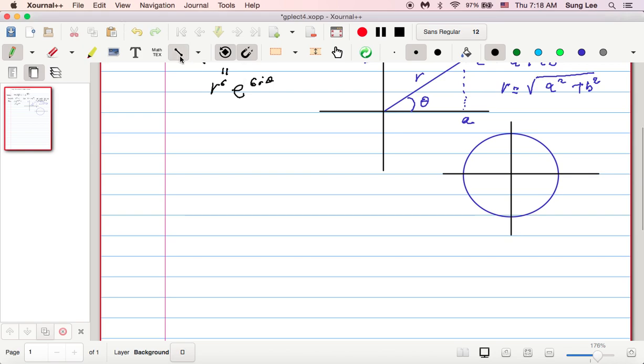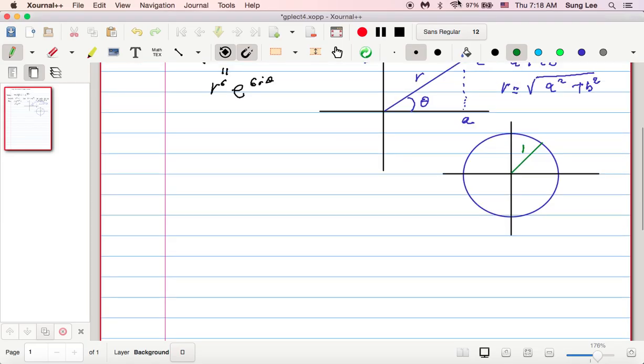So let us assume that this is a unit circle, a circle with radius 1.